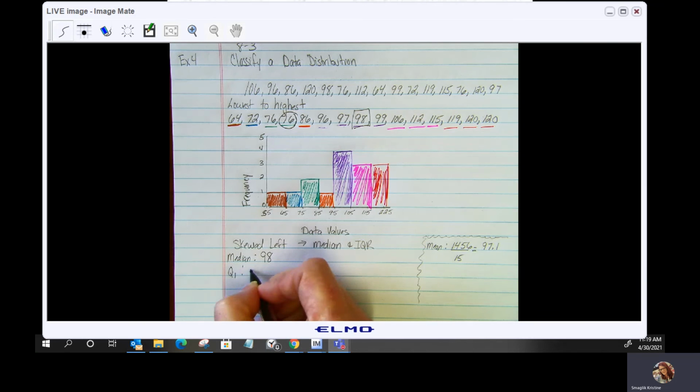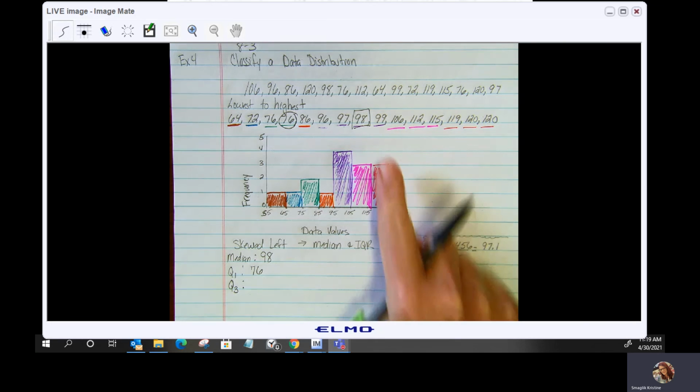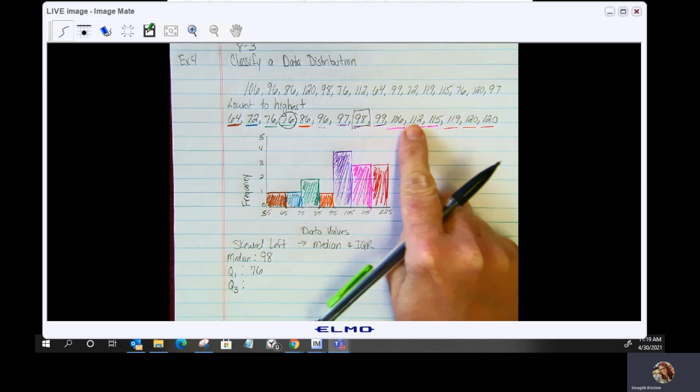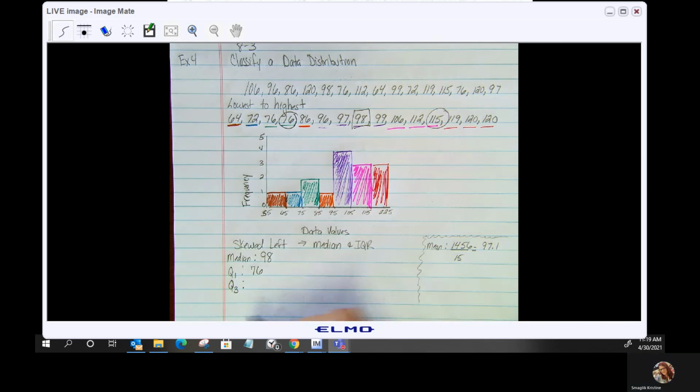So my quartile 1 is 76. Quartile 3 is the median of the upper half, 1, 2, 3, 4, 115. If I calculate the IQR, it's quartile 3 minus quartile 1, so that is 115 minus 76. That gets me an interquartile range of 39.